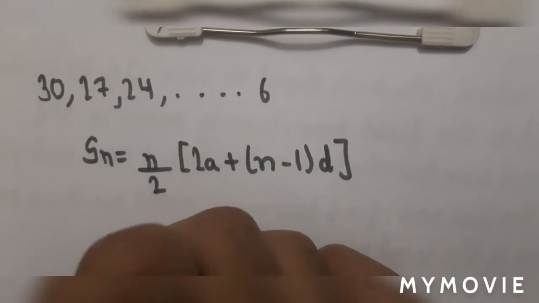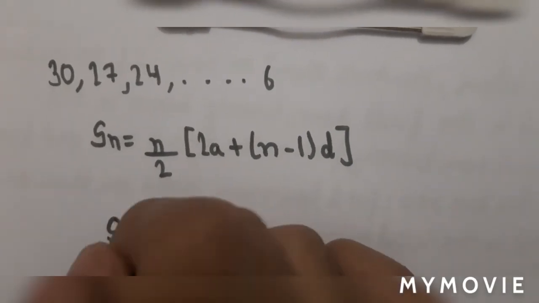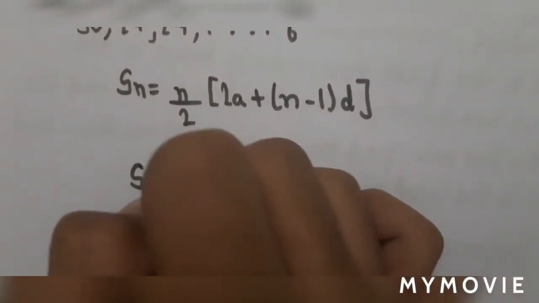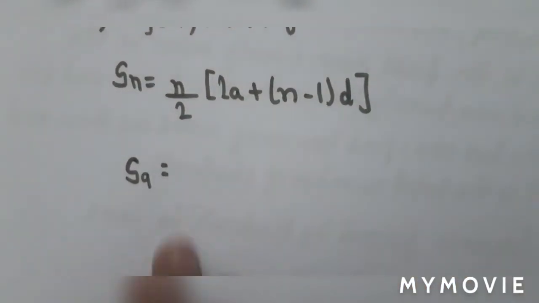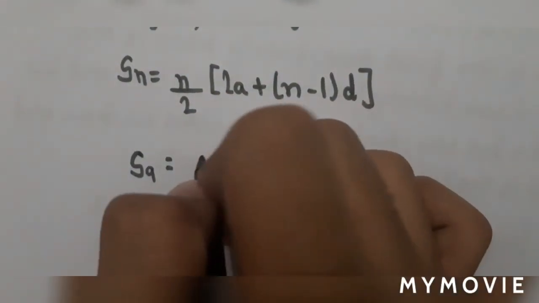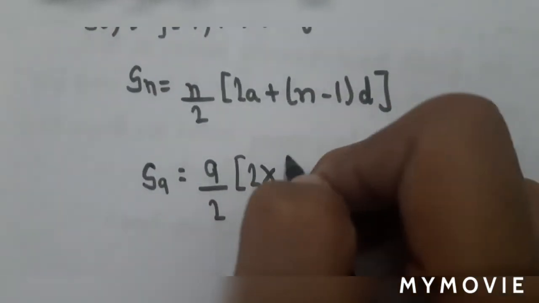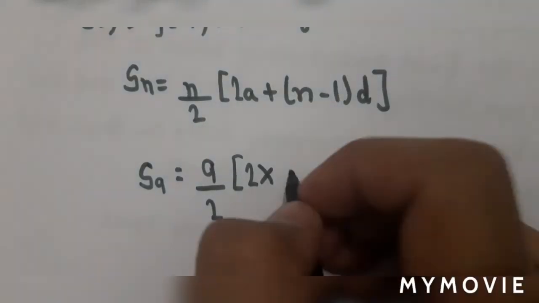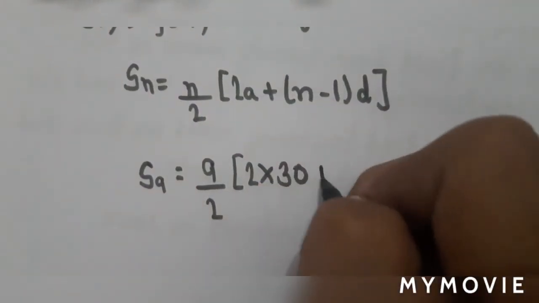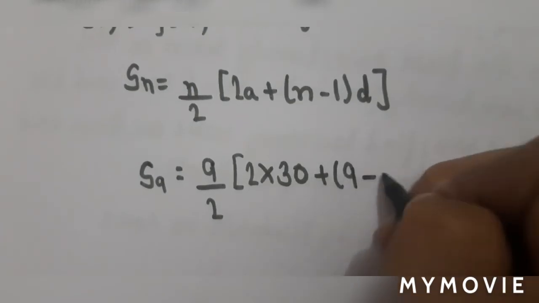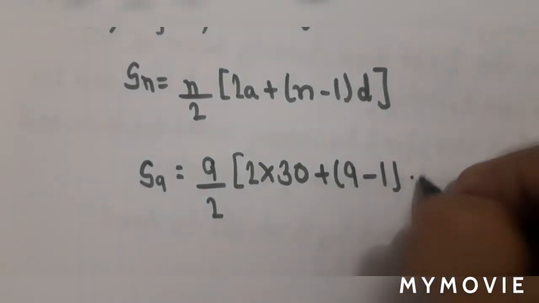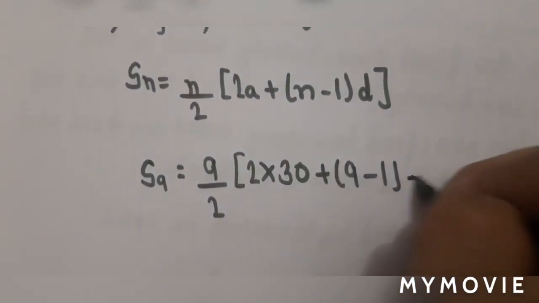So sum of 9 rows is equal to n, number of rows, 9 by 2, into 2 into a, our first term, which is 30, plus n, which is 9, minus 1, into d, common difference, which is minus 3.